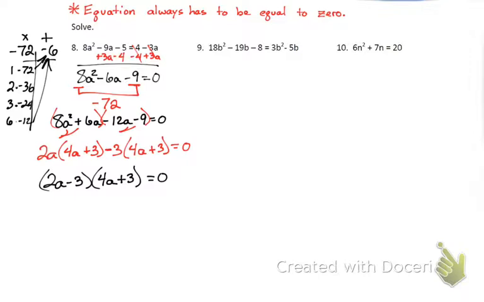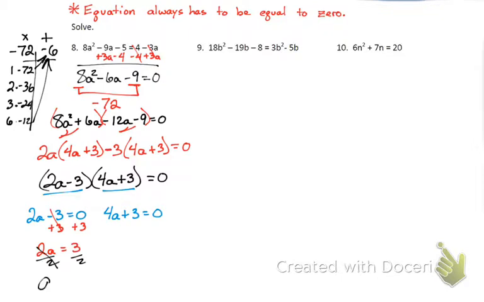Now you can use your zero product property and say one or both of these have to equal 0. So I'm going to say 2a minus 3 equals 0 or 4a plus 3 equals 0, which will give me my two final answers. In this case, I'm going to add 3 and then divide by 2.